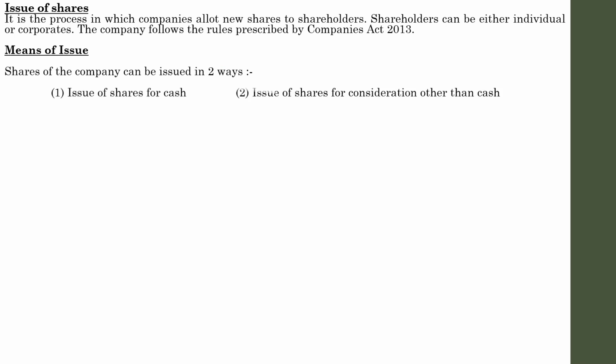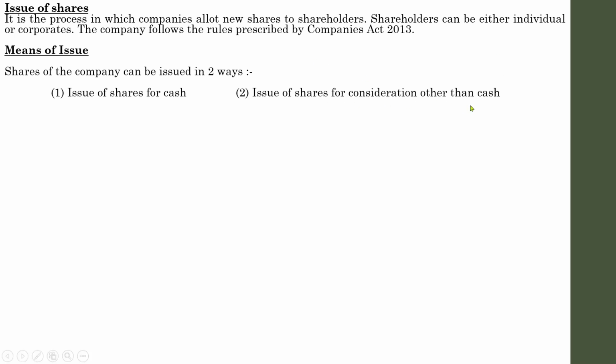They are: first one, issue of shares for cash, and issue of shares for consideration other than cash. During the previous discussions, we have mentioned this issue of shares for cash and issue of shares for consideration other than cash. Issue of shares for cash means you can buy the shares of the company by paying in the form of cash or bank payments, or cash payments likewise.